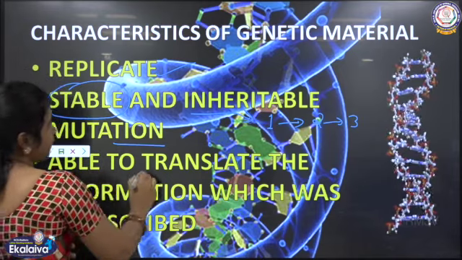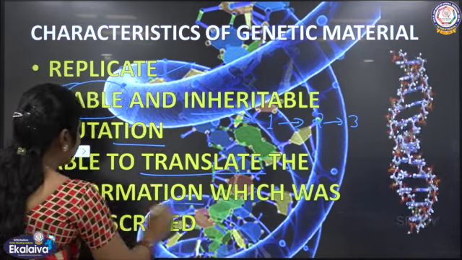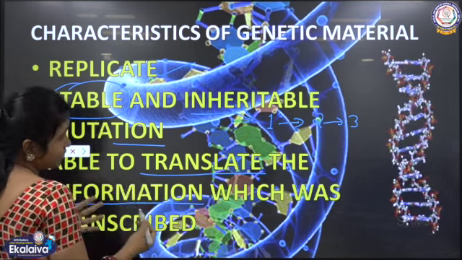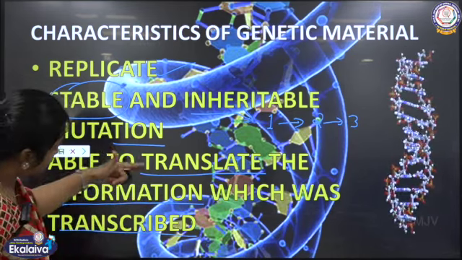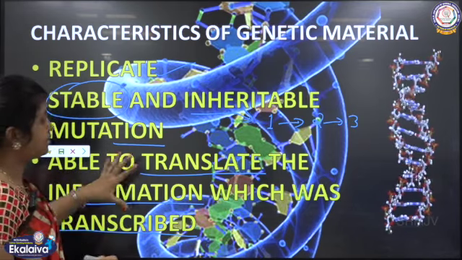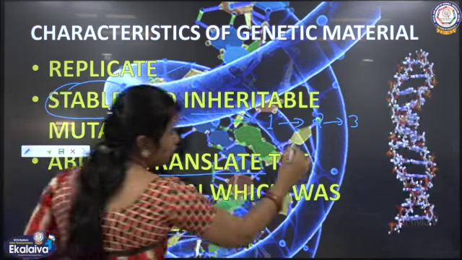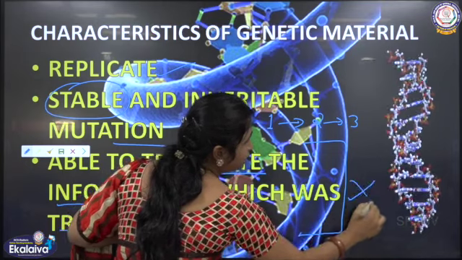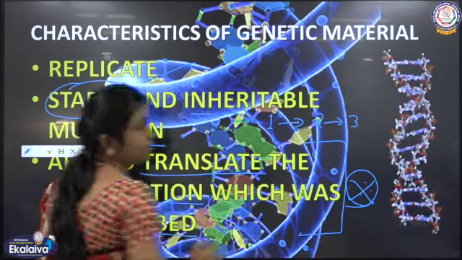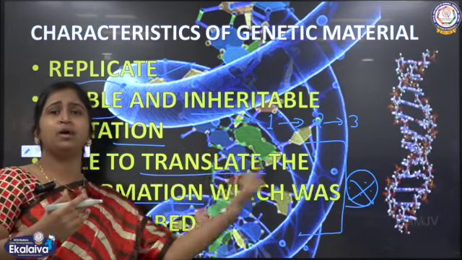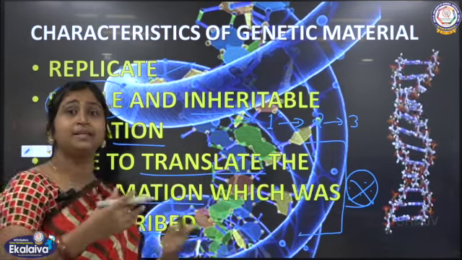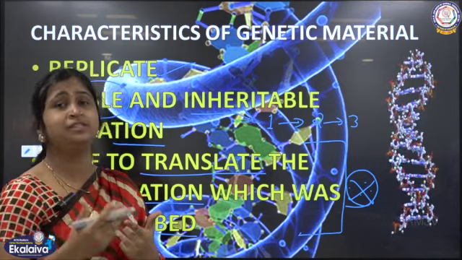Then it should be able to translate and transcribe the information. What is this translate and transcribe? This is a very important thing, and the majority of the lesson we are going to deal with this property. Something is going to copy. You can see something going around and around. It's nothing but the 3D structure of DNA.